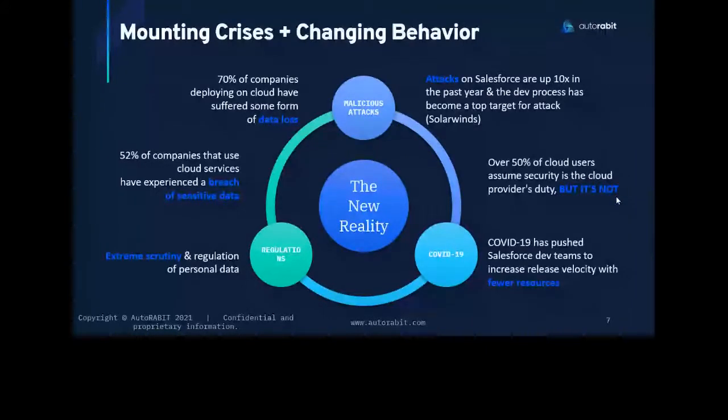Then we have seen over the period of time that 52% of companies that use cloud services have experienced a breach of sensitive data. This is real data from the Salesforce ecosystem, and that's why it has become very important today that you secure or bring down your vulnerability in the DevSecOps process, right? And around 70% of companies deploying on cloud have suffered in some form a little bit of data loss over the period of time.